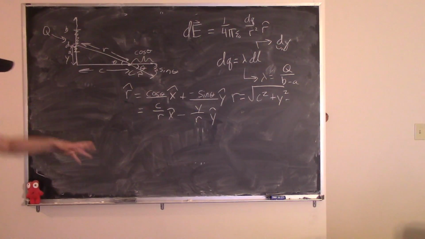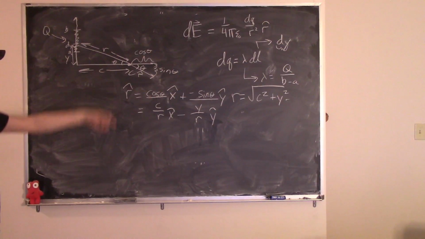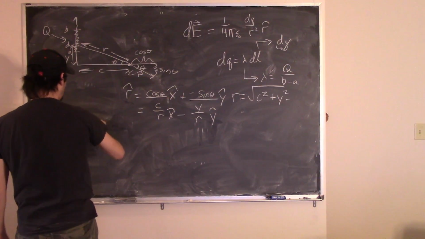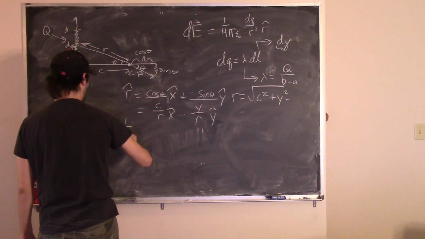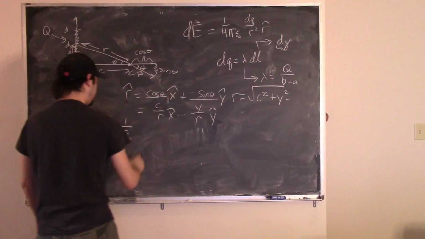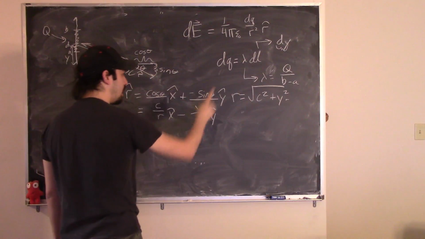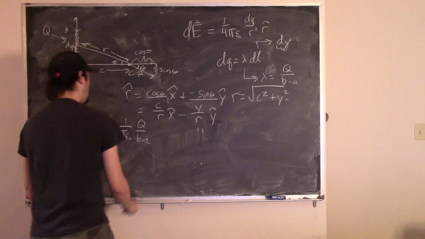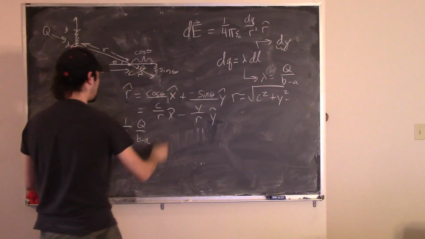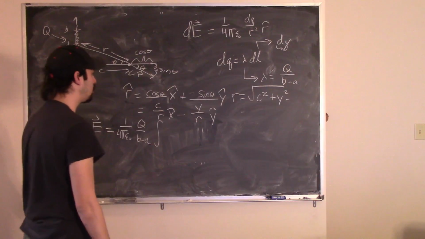Okay, so now all we need to do is put all of this together. And so that's to say that E vector is going to be equal to 1 over 4 pi epsilon naught times lambda, which is going to be Q divided by B minus A. I'm pulling it outside the integral just because it's a constant, times the integral.